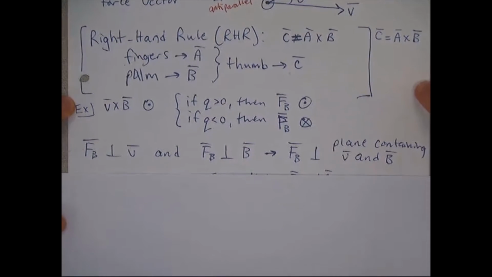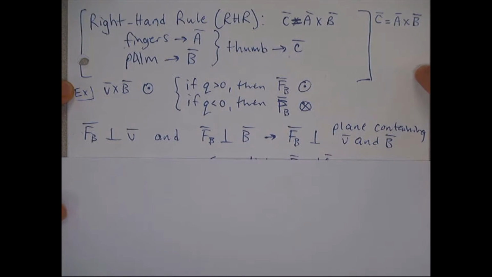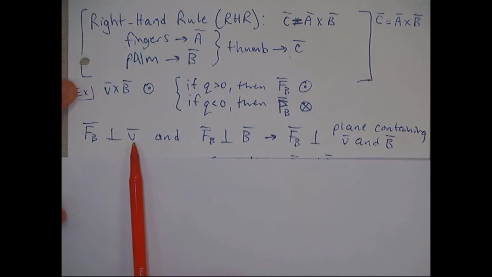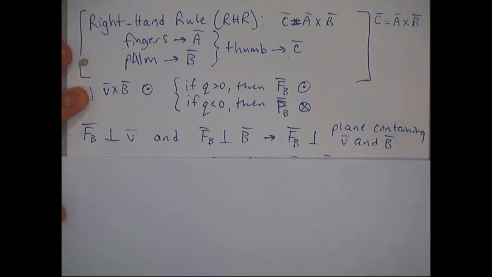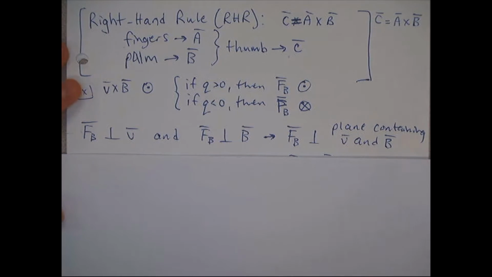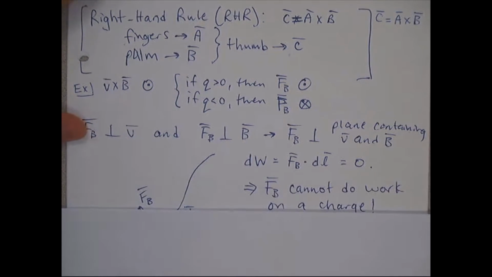This implies that the magnetic force, FB, is always perpendicular to the velocity of the particle, the charge, and it's perpendicular to the magnetic field B. Another way of saying that is the force will always be perpendicular to the plane which contains the velocity vector and the magnetic field vector.